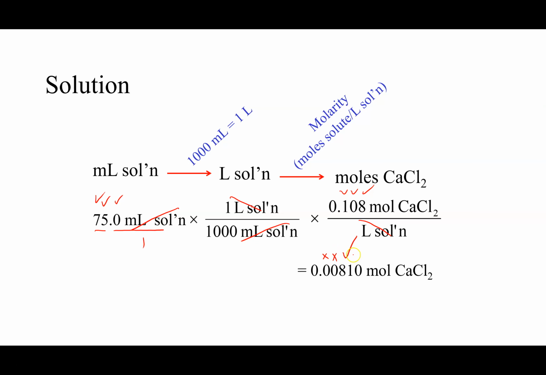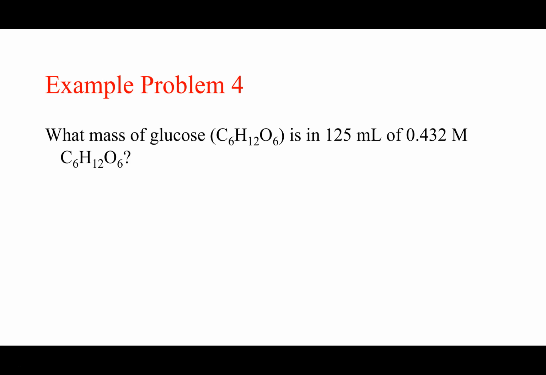So, I might draw a picture for this one. Depends on what kind of mood I'm in. So here I have a solution of glucose. The formula for glucose is C6H12O6, okay? And notice that they told me that the volume of my solution is 125 milliliters.